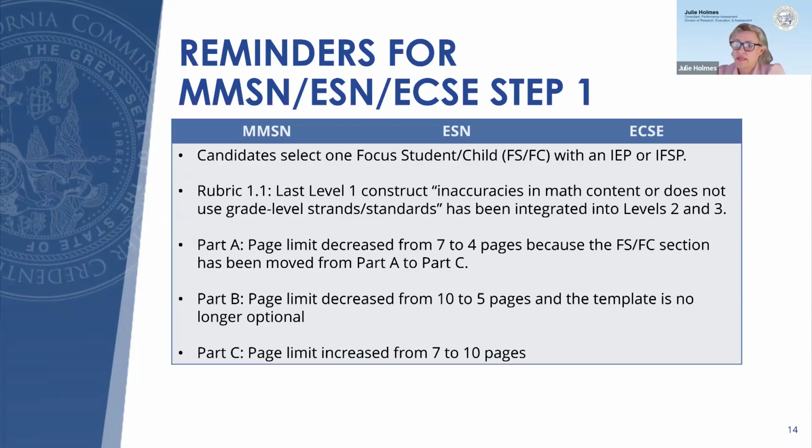So we are asking that candidates use our Part B template. And then Part C, that's the focus student adaptation template, and that page limit has increased from 7 up to 10 pages. And when we get there, I will tell you why, and you will see why.